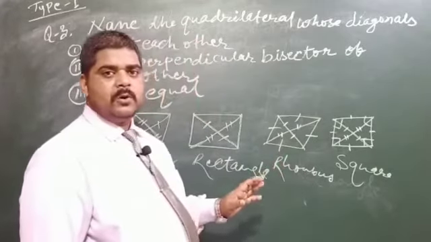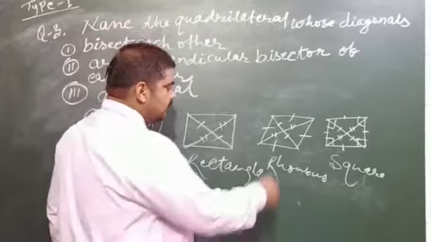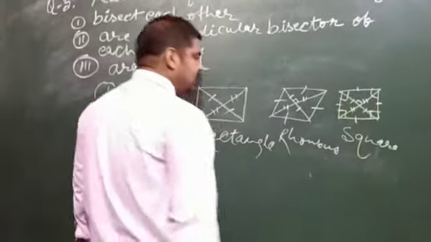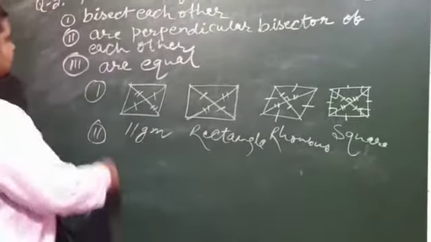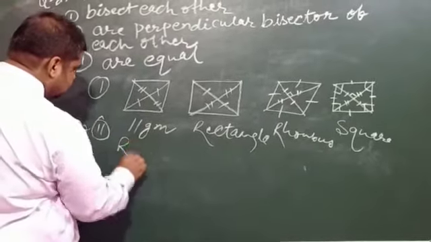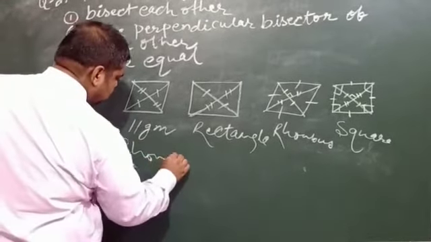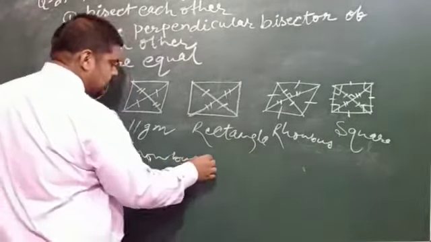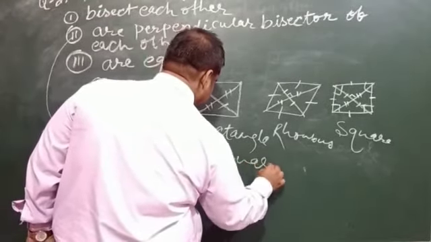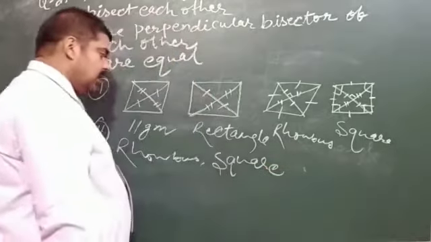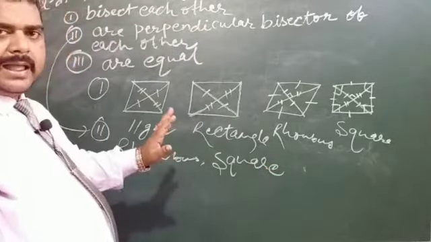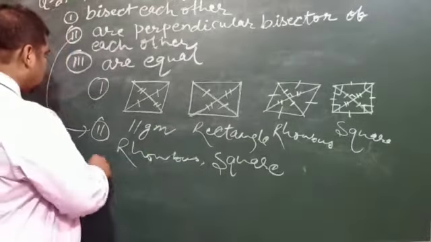Because in the case of a rhombus and a square, the diagonals not only bisect but also form 90 degrees. So the solution of the second one is two of them: first is rhombus and second you may use a square, because both have diagonals that bisect each other at 90 degrees, meaning perpendicular bisectors.